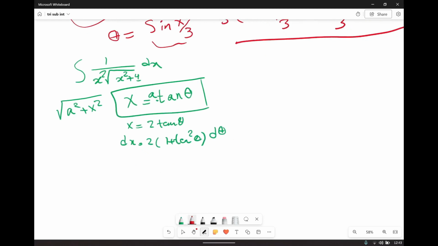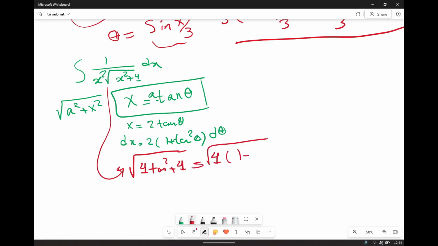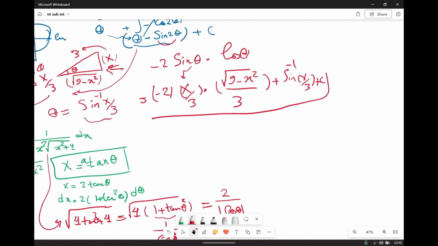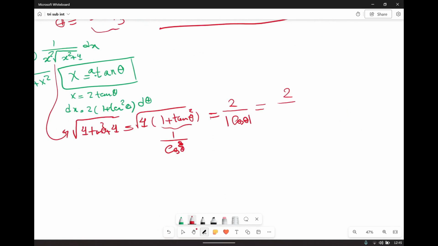The radical is the root of 4 tangent squared plus 4, and if I factor out 4 it is 1 plus tangent squared theta, which we know by trigonometry, you can follow it in the playlist, is 1 over cosine squared theta. Taking the square root, the answer is 2 over absolute value of cosine theta, and because we are in this section, cosine is positive, so our answer is 2 over cosine.